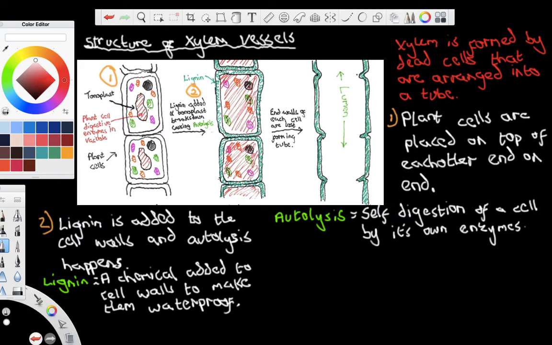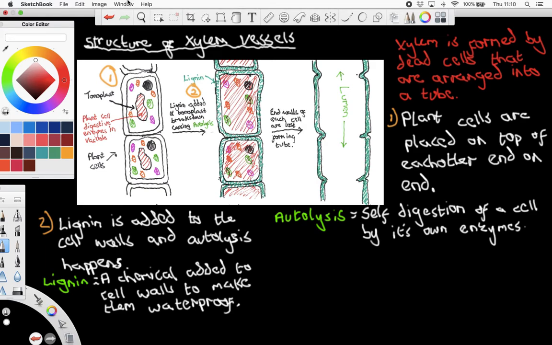When the tonoplast breaks down, these digestive enzymes in the vacuole are released, and these digest all of the nucleus, mitochondria, chloroplasts, ribosomes. Essentially the cell sort of kills itself. The word lysis means to break down. Auto means it doesn't need an input. So this just happens by itself.